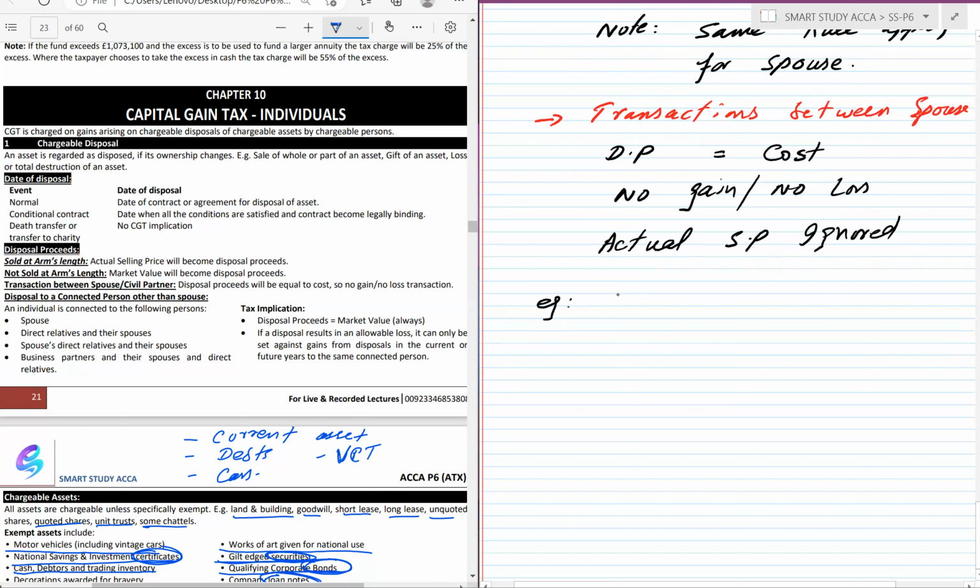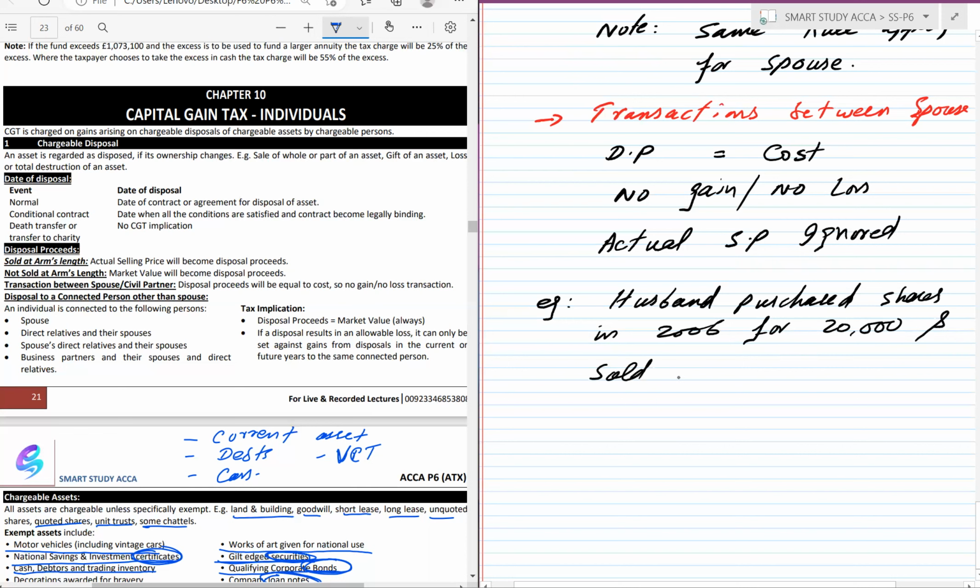For example, the husband purchased shares in 2006 for £20,000 and sold them to his wife for £38,000.